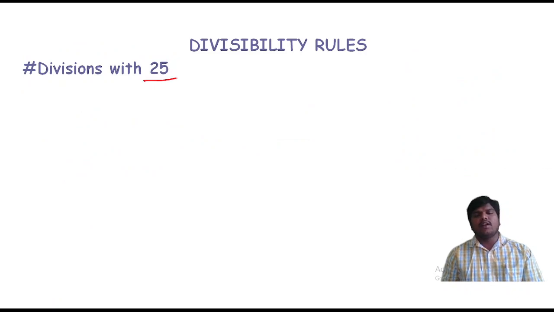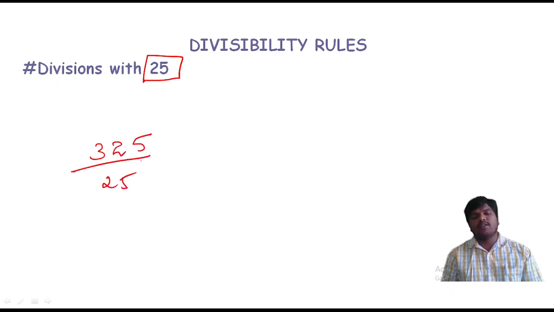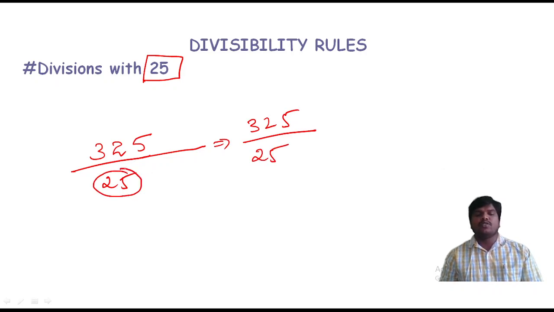Then for 25, let us check 325 divided by 25. How can we make 25 into a round figure? Multiply with 4, and here also multiply with 4. 25 into 4 becomes 100.